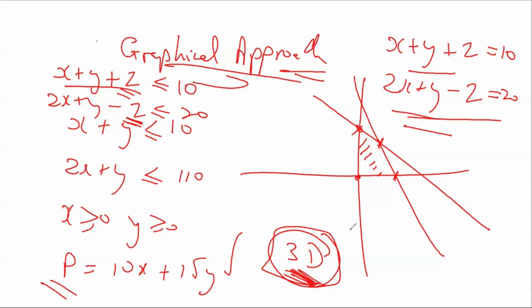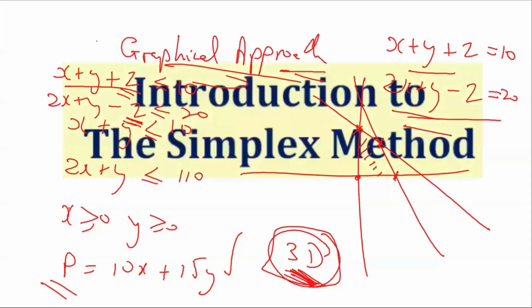You have no way to mathematically or geometrically represent four dimensions. Therefore, we had to find a new way of solving those problems that are more complex. And there was born the simplex method.